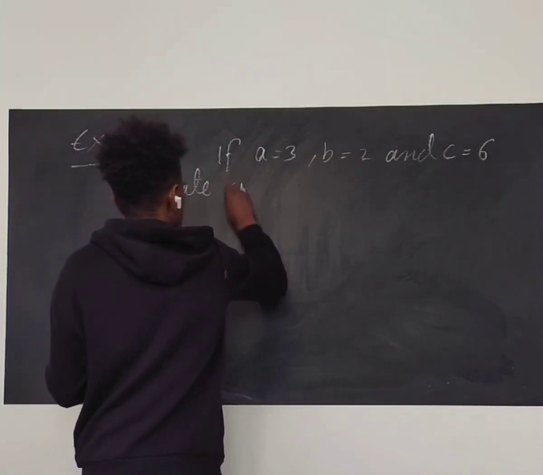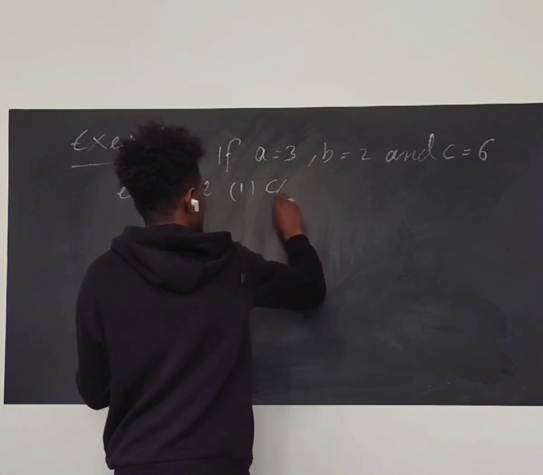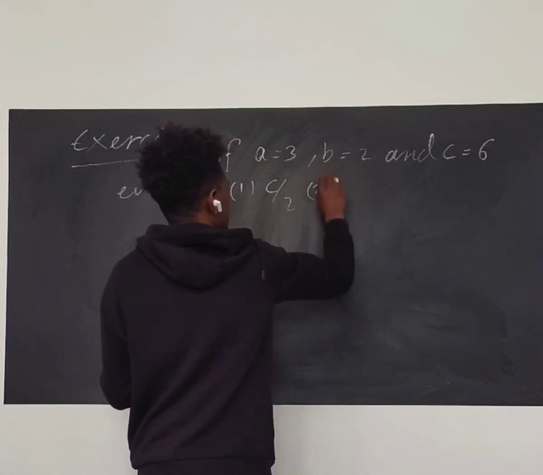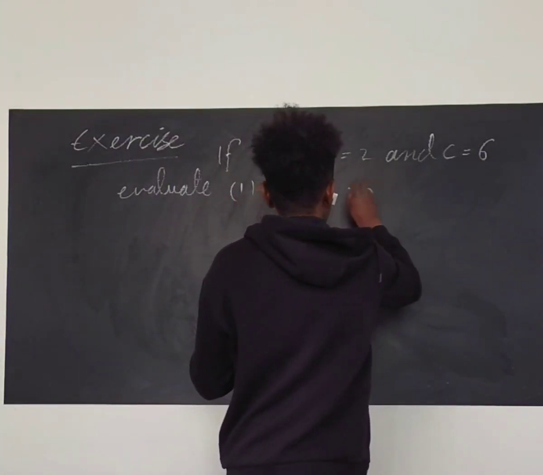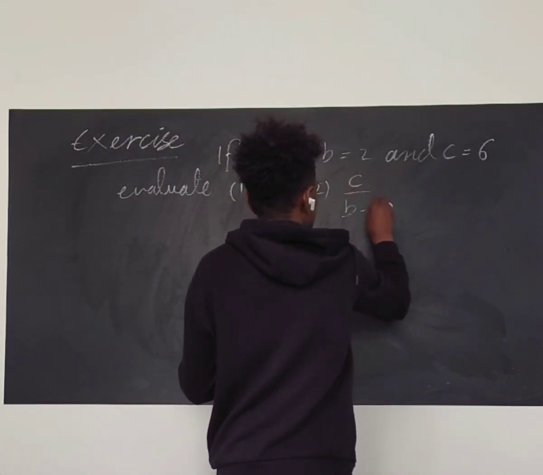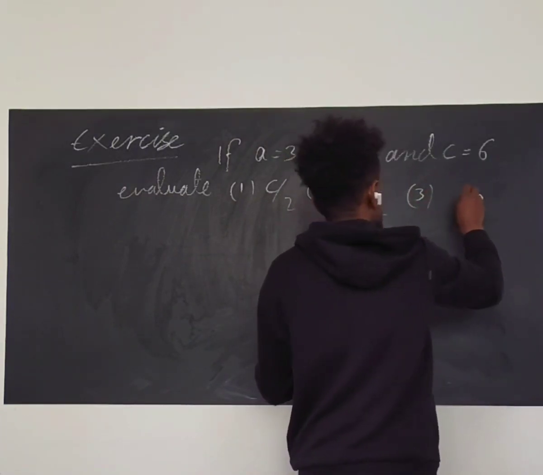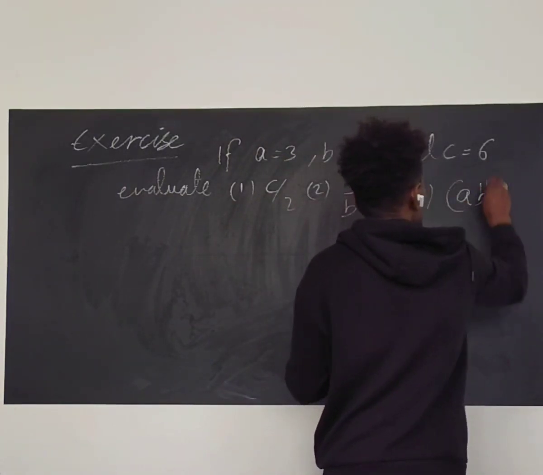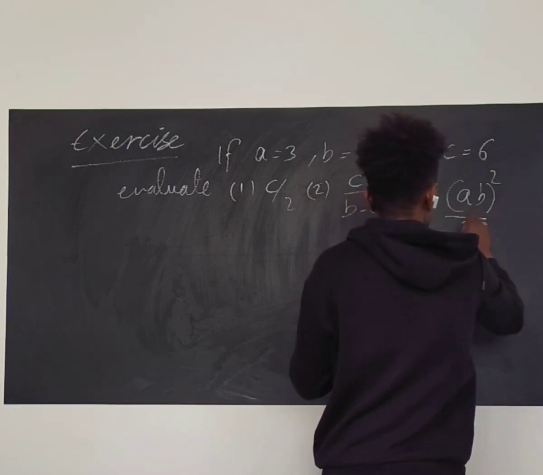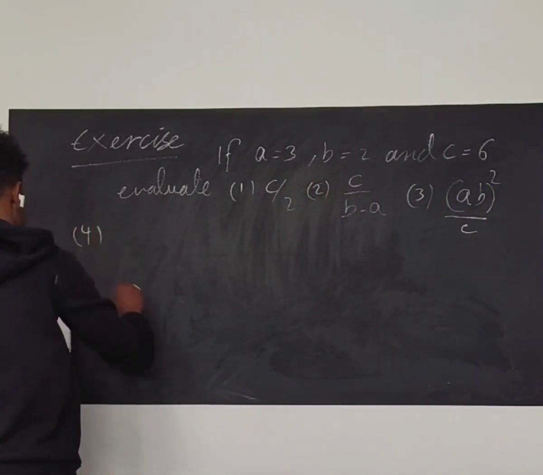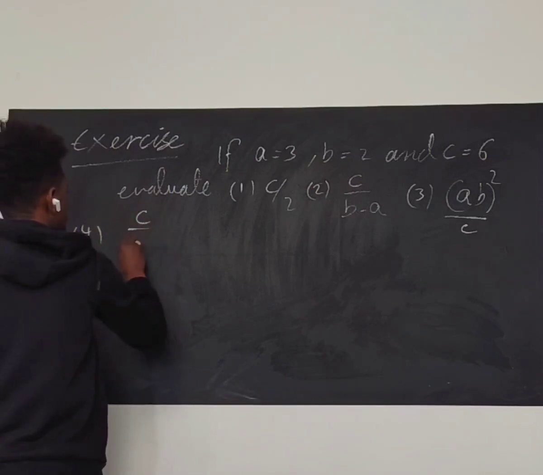Number 1, c over 2. Number 2, c over b minus a. Number 3, a b all square over c. Number 4, c over a plus b.